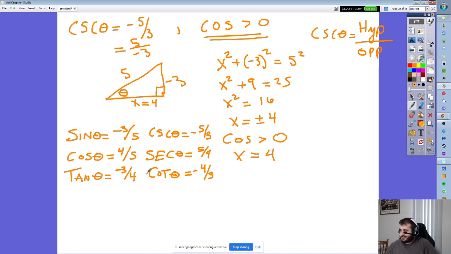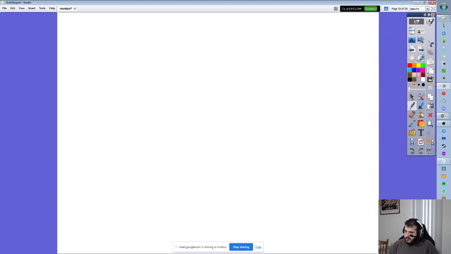All right. Let's do a bunch more of these. Let's do one where I'm given sine. Okay, well, let's do number 25. All right, so for number 25, we're given the sine is -3/5, and we're told that the cosine is positive.